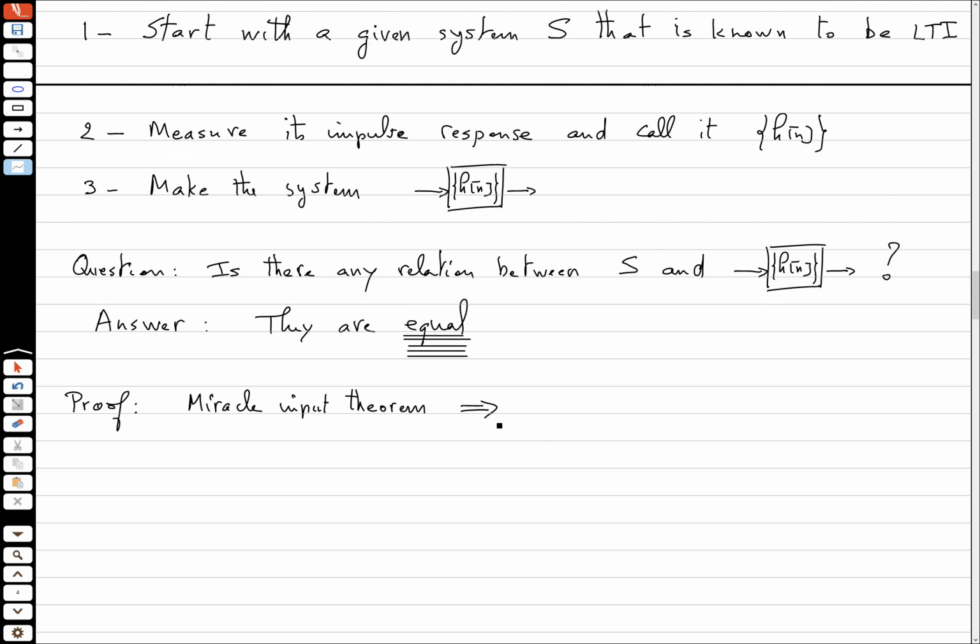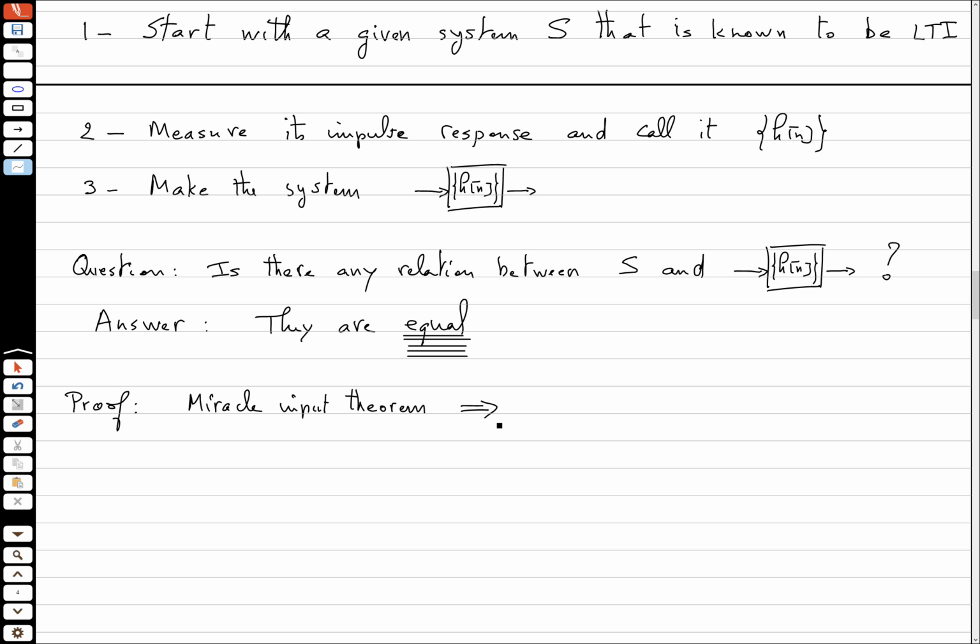Like within half an hour. What does it say? It says that once you know the impulse response of S, you know the system completely, right? But it says more than that.